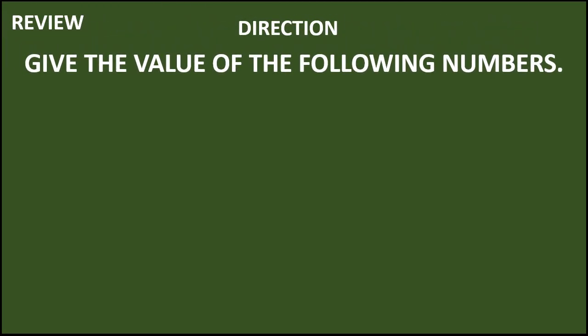Before we proceed in our topic for today, let us have first a simple review of your past lesson. The direction is, give the value of the following numbers. For number 1, we have square root of 25. What is the square root of 25? So you have to think of numbers or factors of 25, same factors or same numbers, that when you multiply, the product is 25.